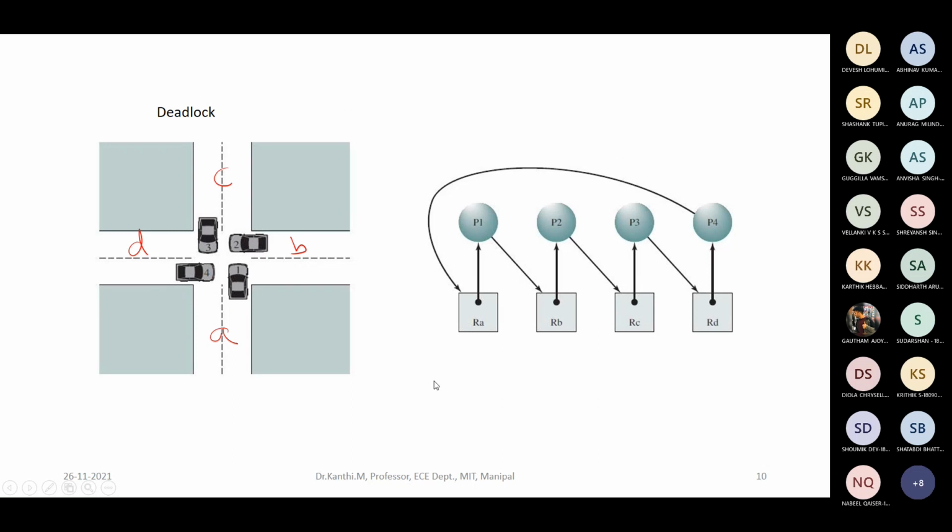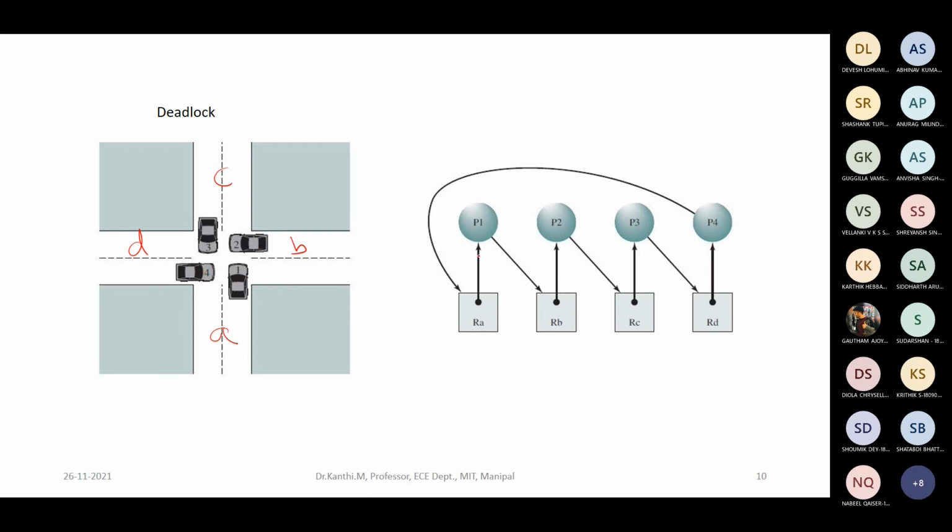So now if process P4 wants A, until P1 releases that, it cannot make use of that particular resource.